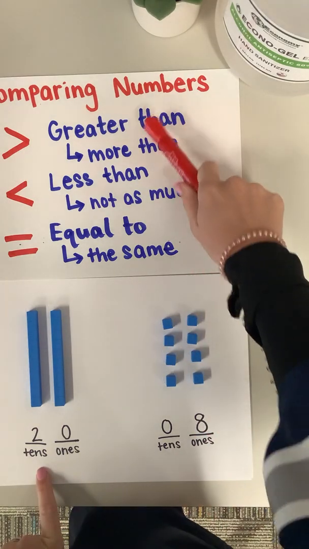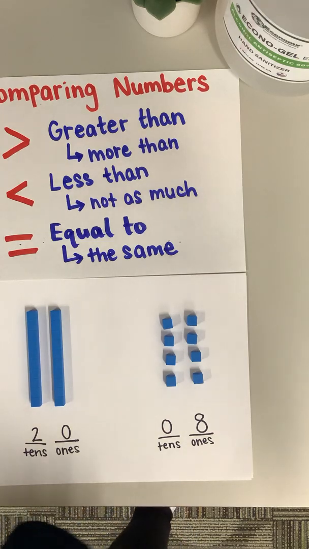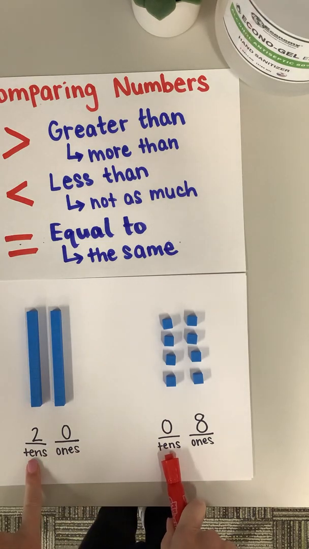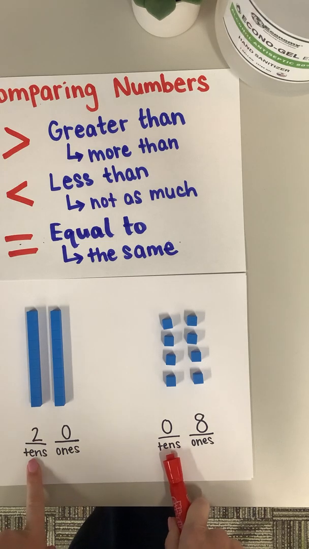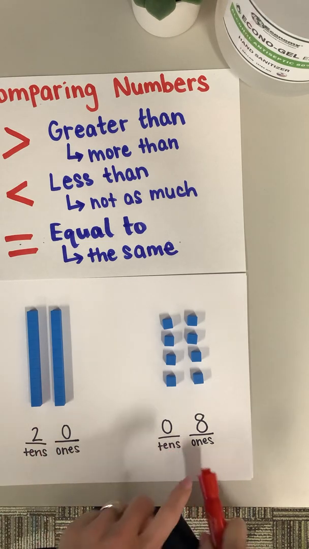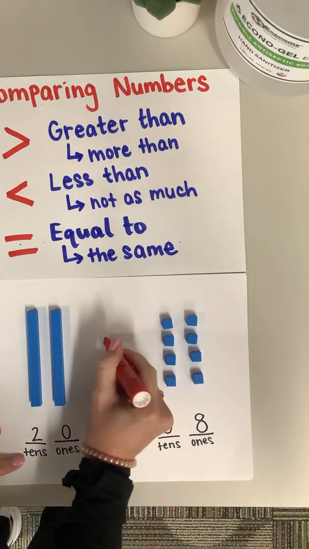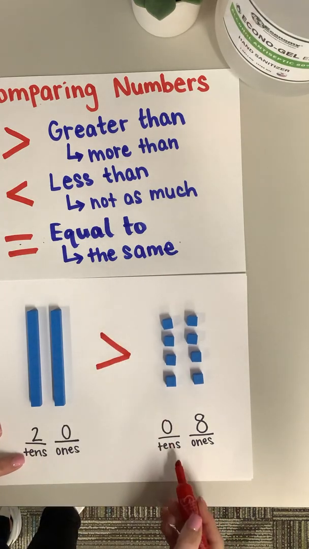So now we need to decide if it's greater than or less than. Go to the tens place and decide which digit is larger. Is 2 or 0 larger? 2 is larger than 0. So 20 is greater than 8.